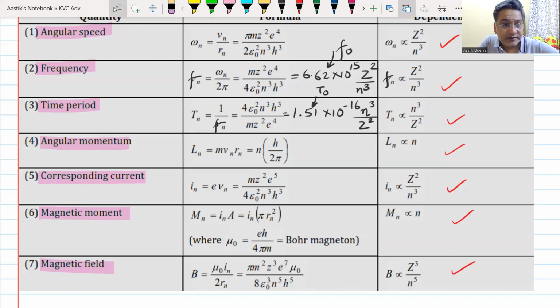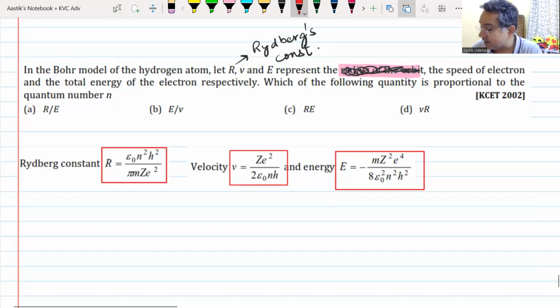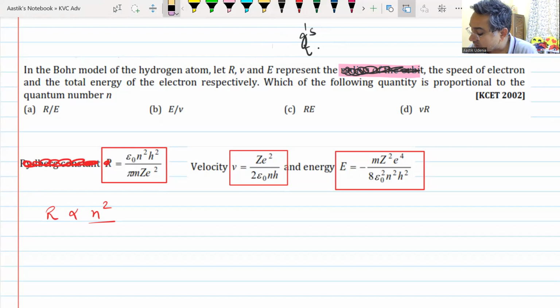And if you could remember that, you could see very clearly that this R, the Rydberg constant, is proportional. No, this is not R. This is, I think, the radius of the orbit. Yes or no? Not the Rydberg constant, because Rydberg's constant is a constant. It cannot be proportional to n. So this must be the radius of the orbit only. This is the formula for the radius of the orbit.